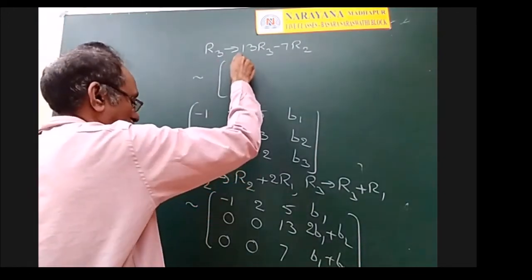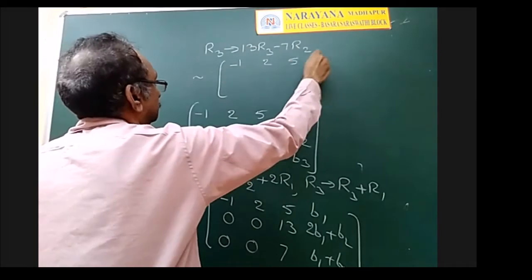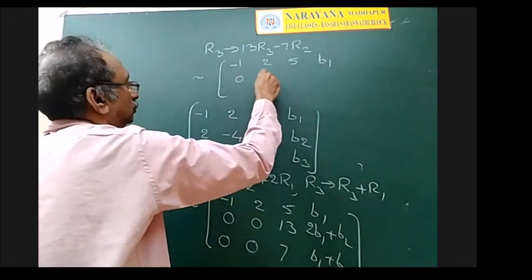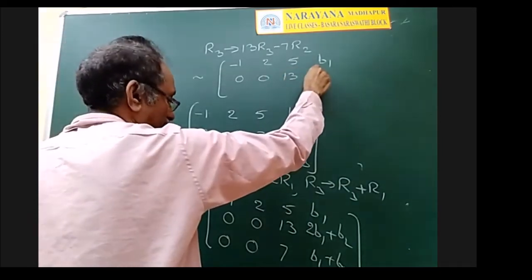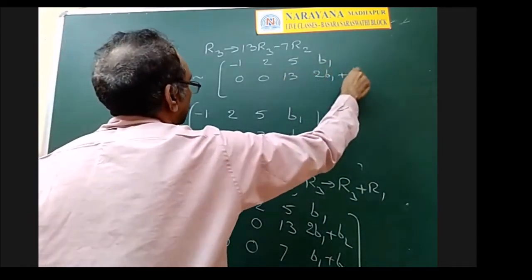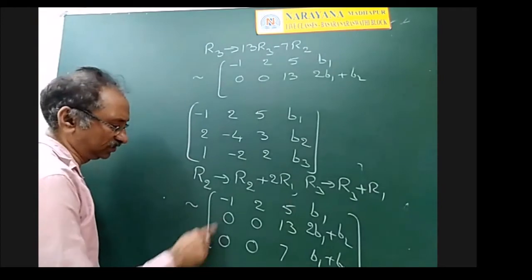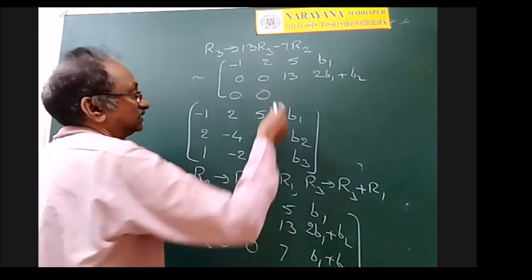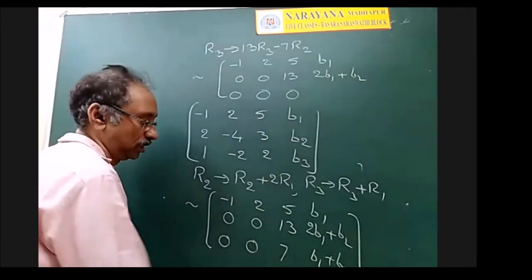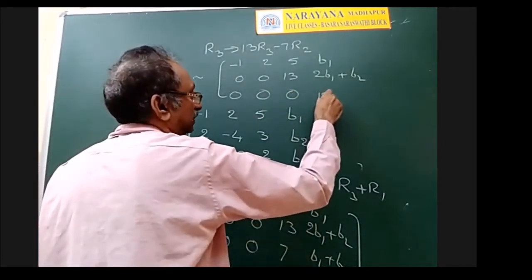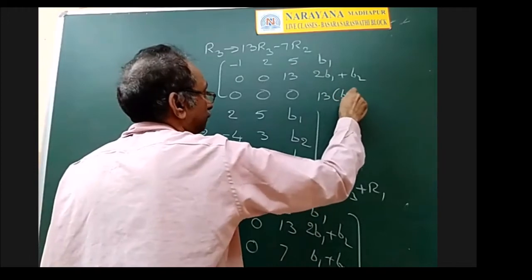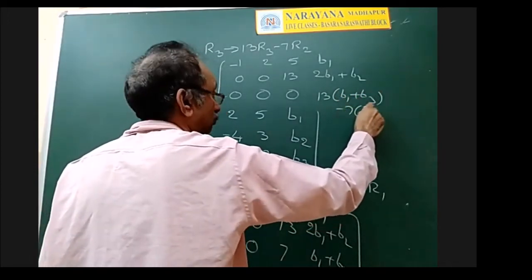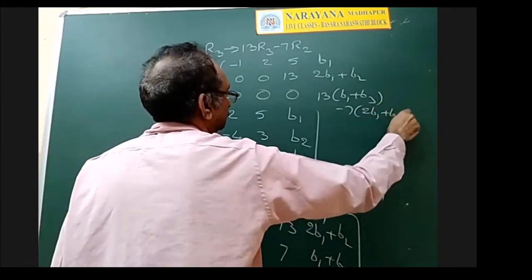Therefore, the final matrix form is this one: 0, 0, 13, 2b1 plus b2. These two are zeros, no change, here also no change. 13 into 7 minus 7 into 13 is also 0. But see carefully here: 13 into b1 plus b3, minus 7 into 2b1 plus b2.